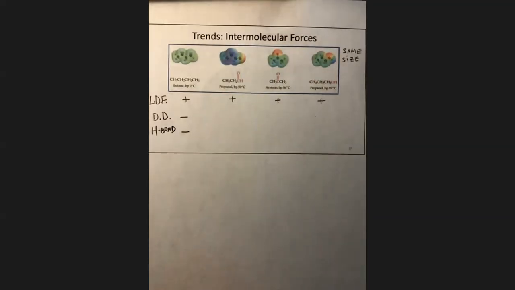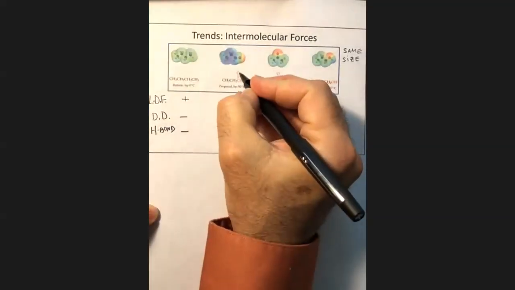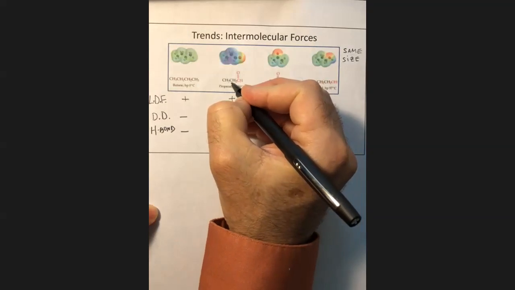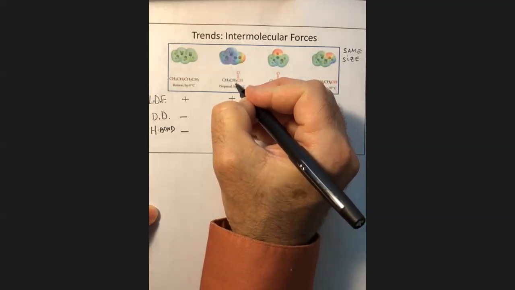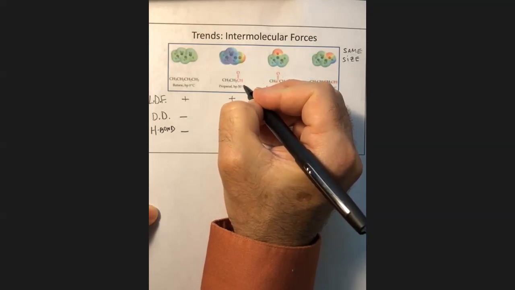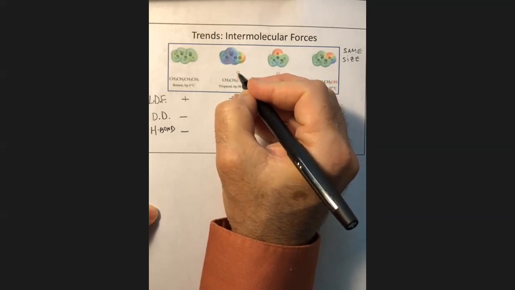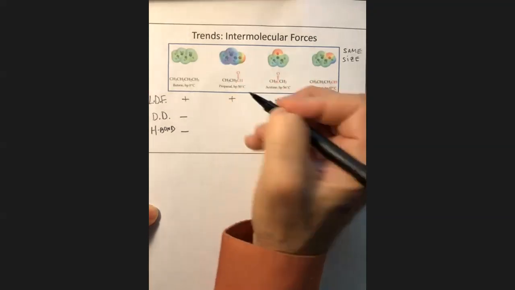Let's skip over to the one on the right. This is propanal. So we can see from the picture on the top, there is a distribution of electron density more towards the right side because that's where this carbon-oxygen bond is. And because that region, if you do the actual shape, you'll see that it is kind of like trigonal planar, and therefore it is going to be non-symmetric and polar.